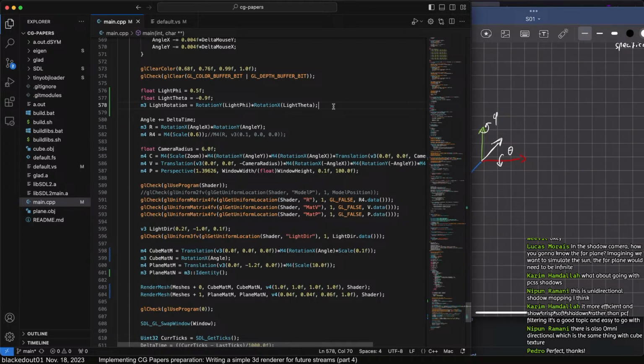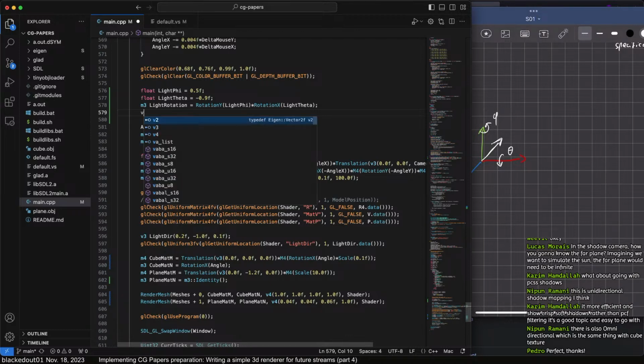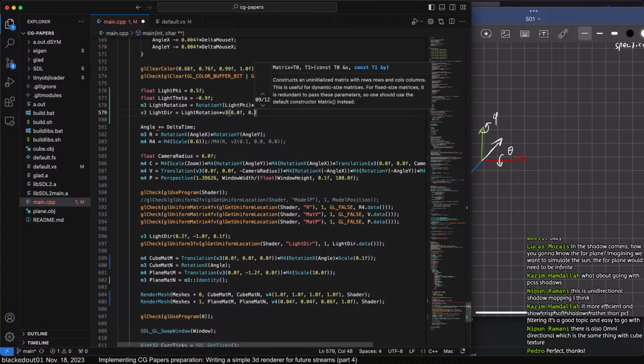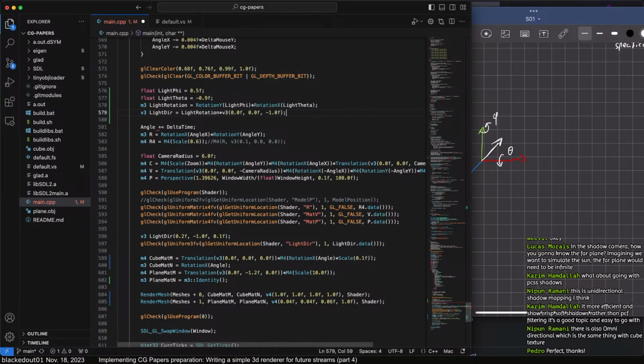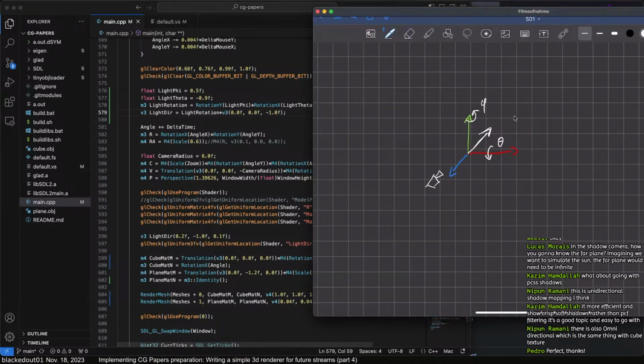And at the same time, we can now compute the vector of the light by just taking the light rotation and multiplying it with the default view direction. So, like I said, we just built the camera matrix of the light system. And we look in this direction.